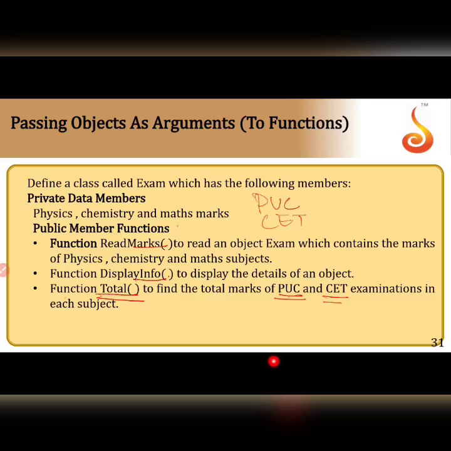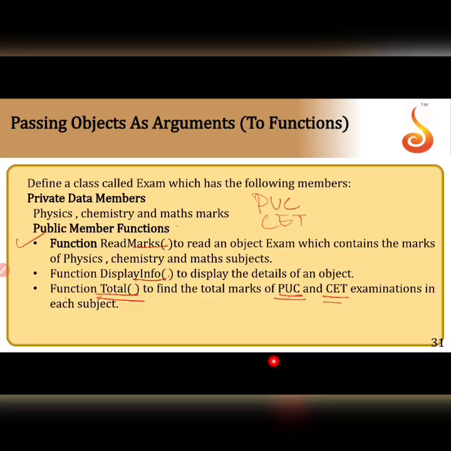This is the procedure I need to do. So, just go through this, then we will write the class and then we will write how it would actually work. The name of the class is exam and data members are physics, chemistry, math, which will hold the marks scored by the students. Then I have member functions which have to be declared in the public section. What are those?